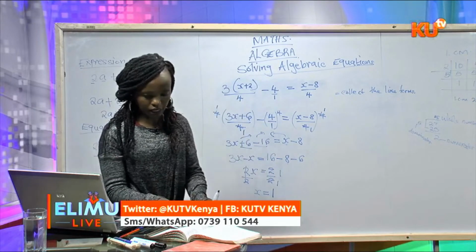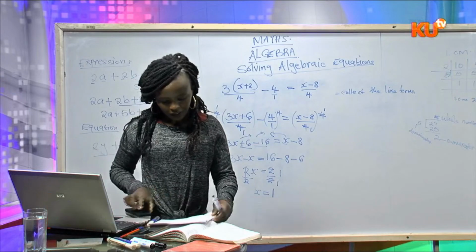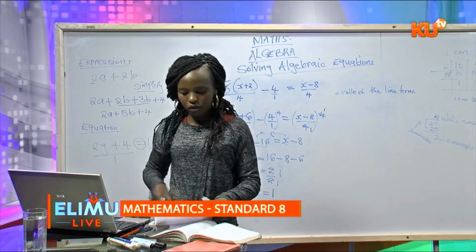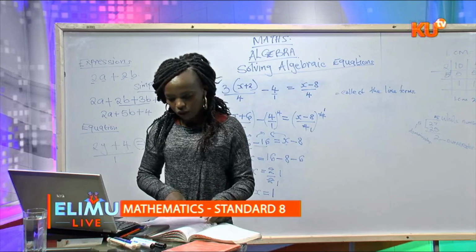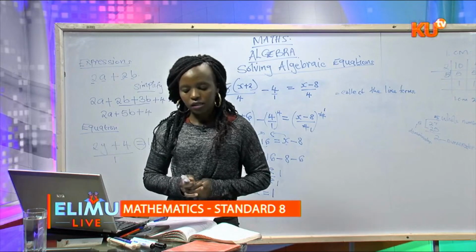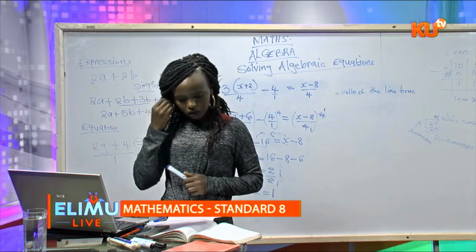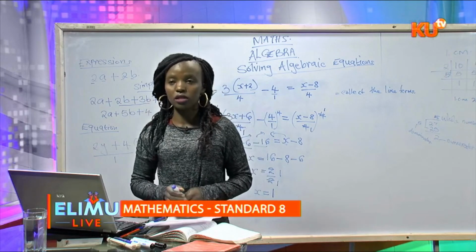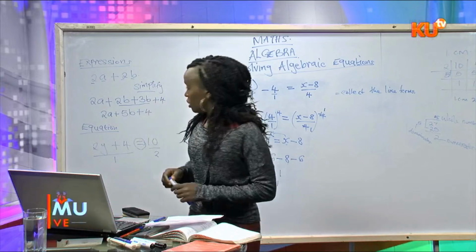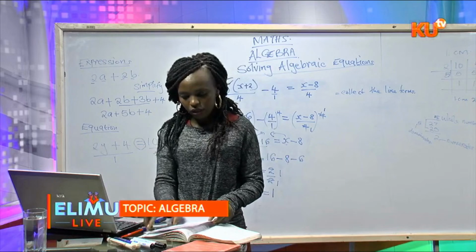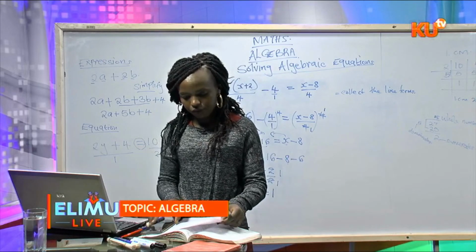So I hope we are together. So those are some of the examples that we can do. From there, we can look at some KCP questions for the last 3 years. We see what they have been setting in about solving equations. So we are going to start with last year's exam.